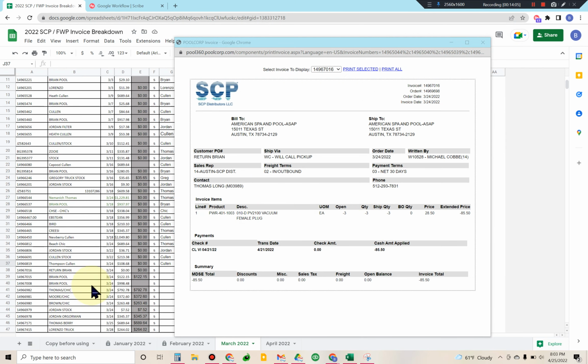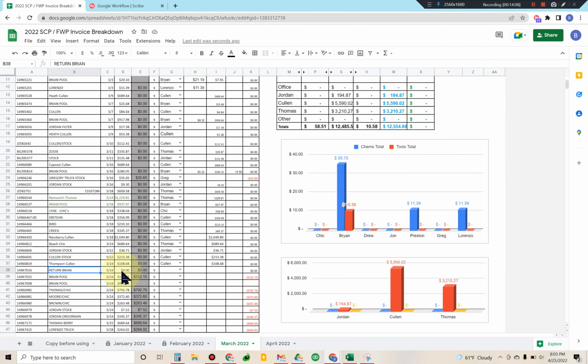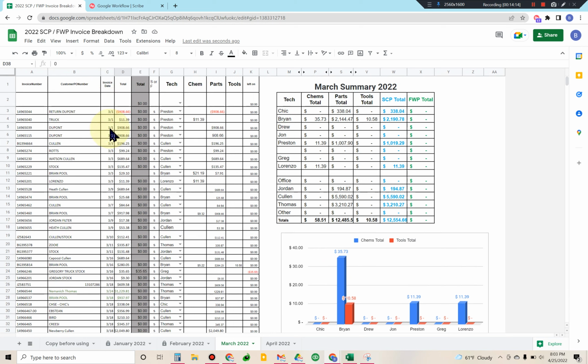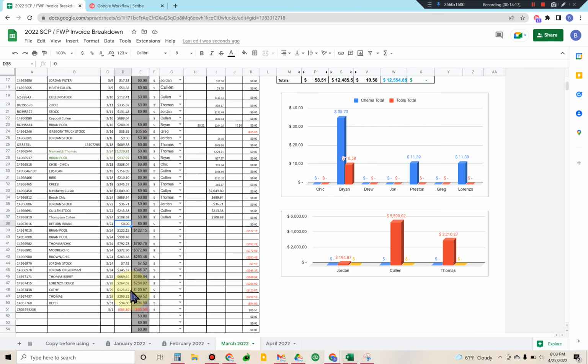Okay, when you get to one like this, that it was a return, and it's $0 in here, there needs to be an amount in here. Just like the very first one we did where we added it, we need to have that. So it says 85.80, which is down here at the bottom. I'm not sure why it's separated, but that is what this one is.